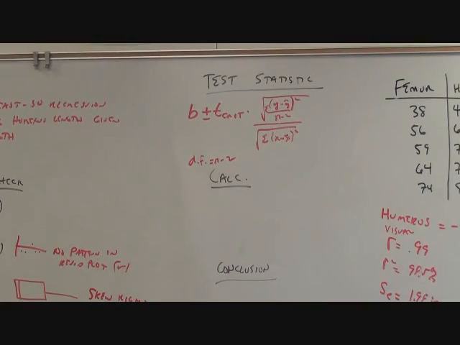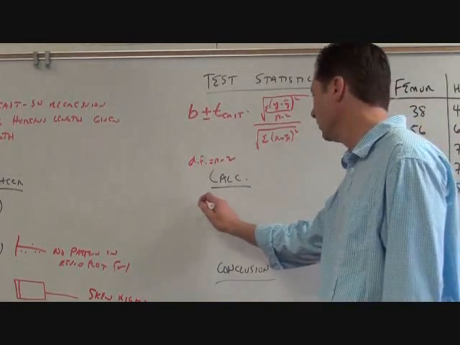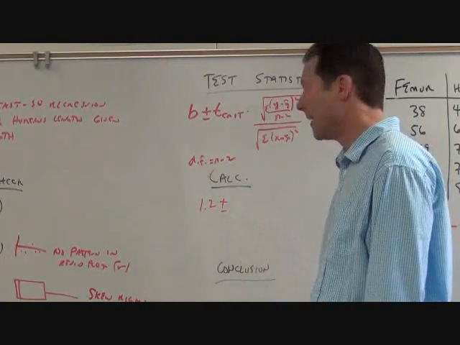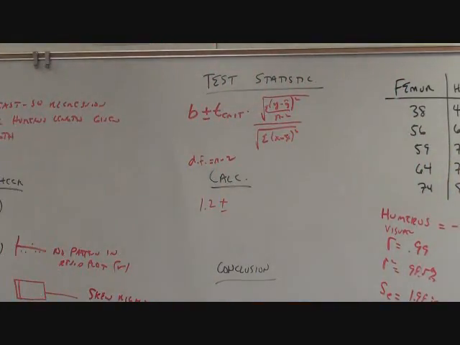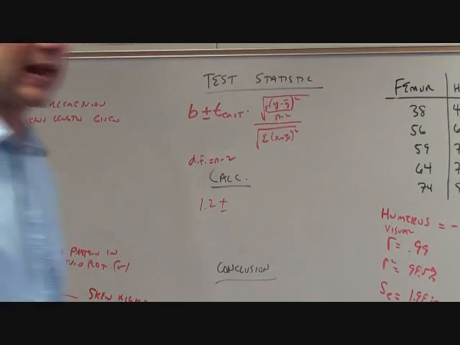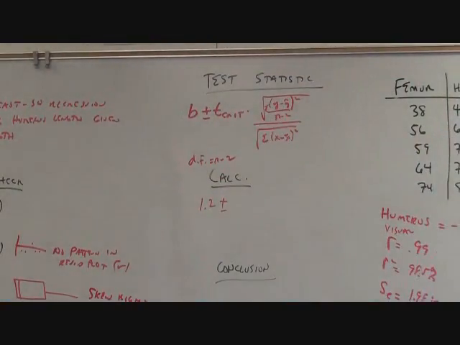All right, calculations. Our sample slope was 1.2, plus or minus... you haven't used your t-charts in a while, so go to your t-charts. Let's do a 95% confidence interval. How many standard deviations do we need to go both ways to capture 95% of the sample slopes?